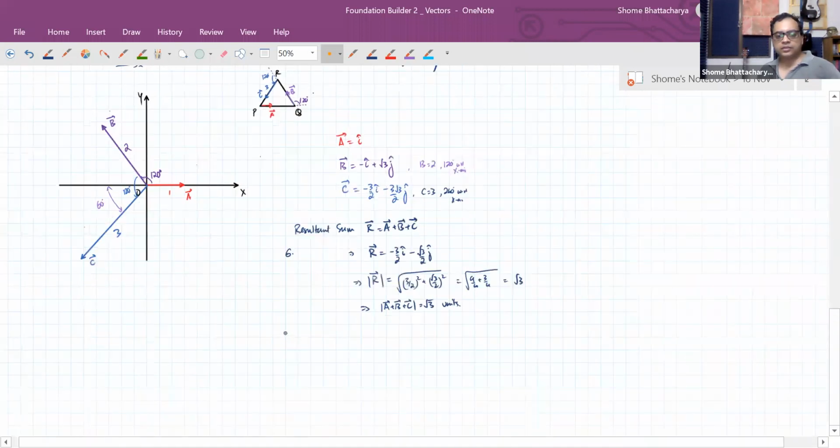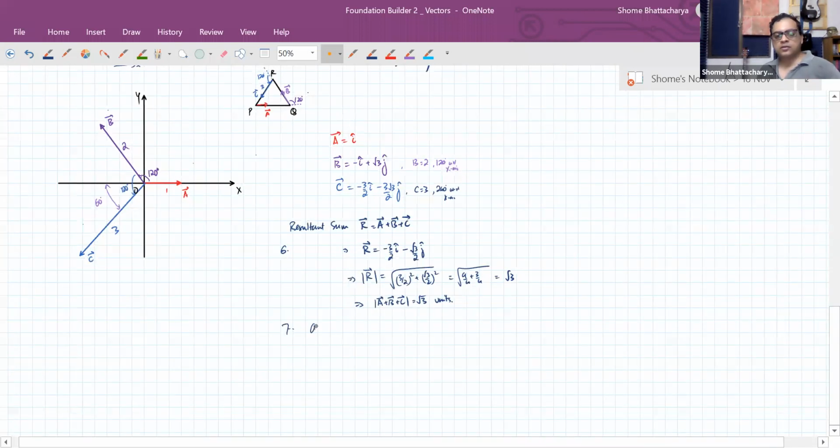Now the seventh question, the angle between this resultant and the vector A. So you can see the resultant is minus 3 by 2 I cap minus root 3 by 2 j cap, and A was the vector which is nothing but I cap.